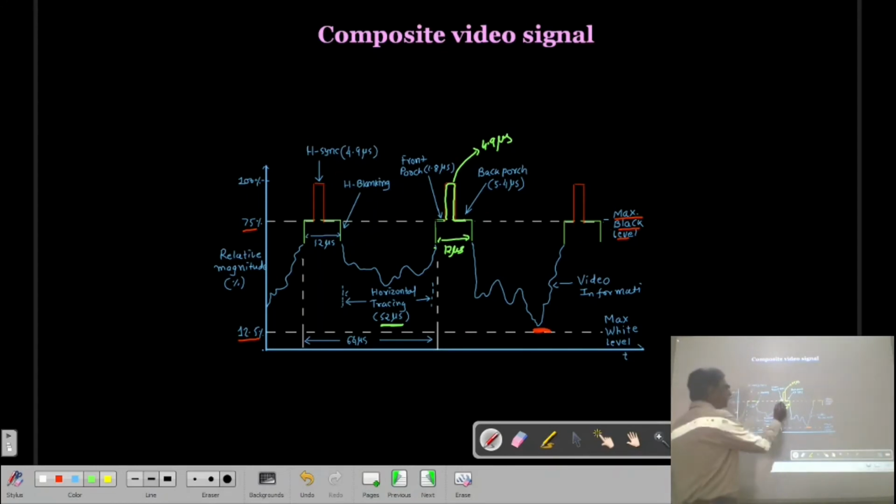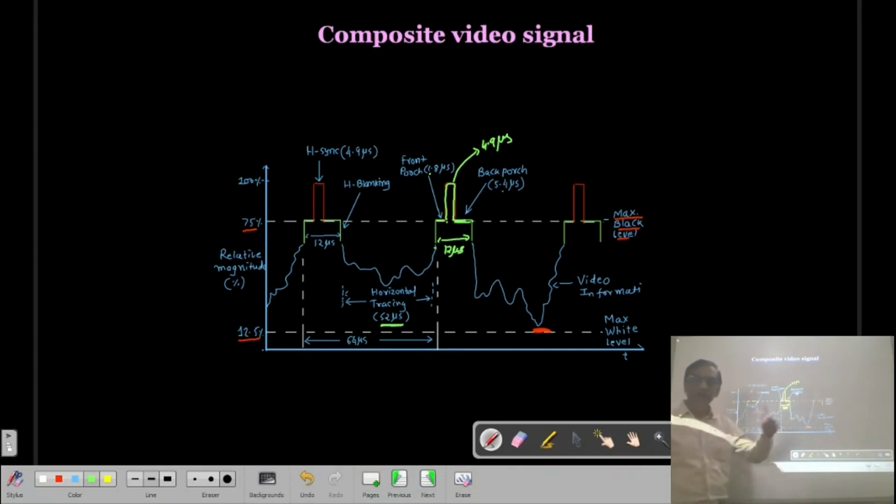And this is known as the front porch, which is 1.8 microseconds. This is your back porch, which is 5.4 microseconds. So here, this is the video signal for line number 1. Here we have the video signal for line number 3. Then we have the video signal for line number 5.